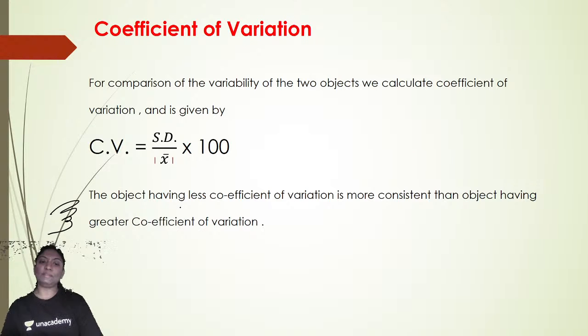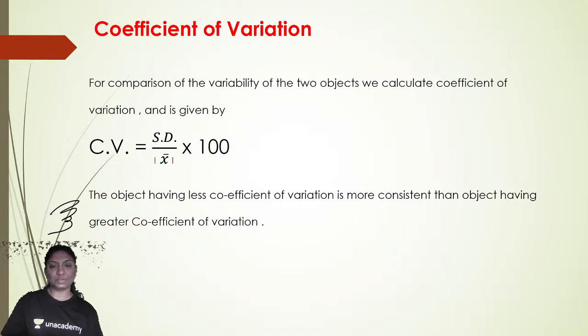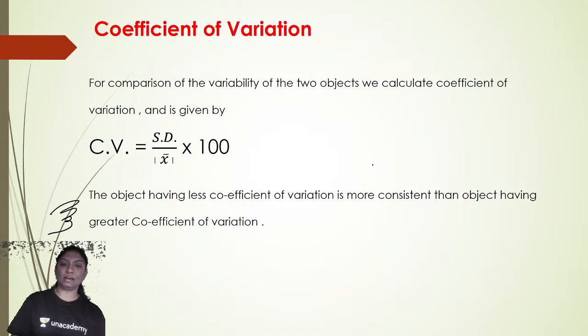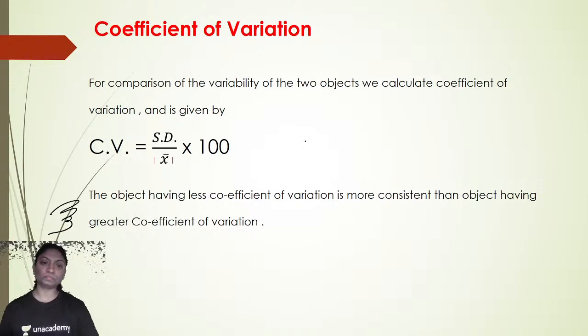Okay, the object having less coefficient of variation is more consistent than the object having greater coefficient of variation. मतलब जिसकी भी coefficient of variation कम आएगा, that object must be more consistent. और जिसका भी coefficient of variation more आएगा, वो less consistent. Coefficient of variation is more, less consistent. Coefficient of variation is less, greater consistent. Okay.